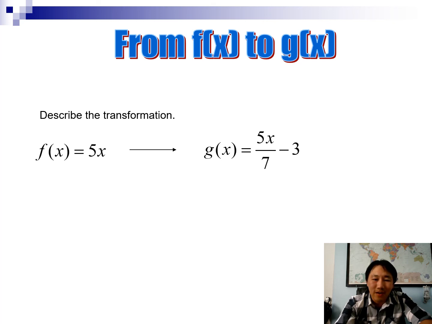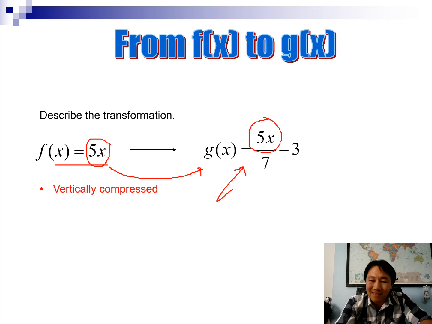Same thing, what if I asked you to move it from this function into this function? All right, so if you notice, the original has a 5x. There's our 5x. What else happens? We have a 1/7 that's multiplied.